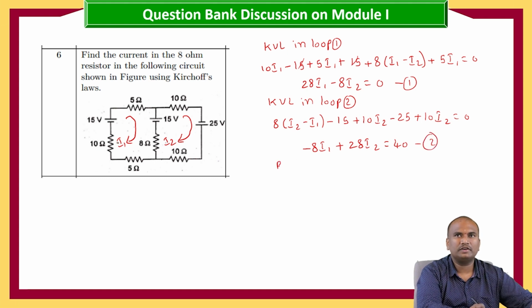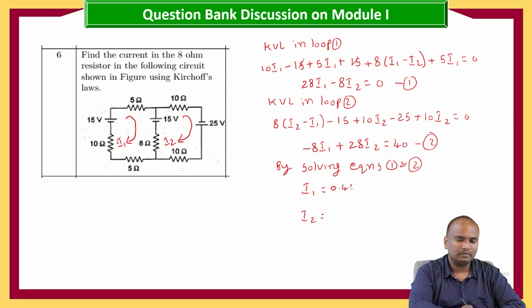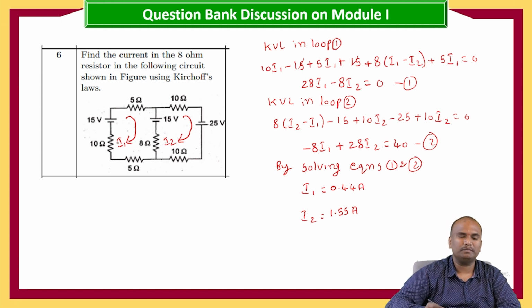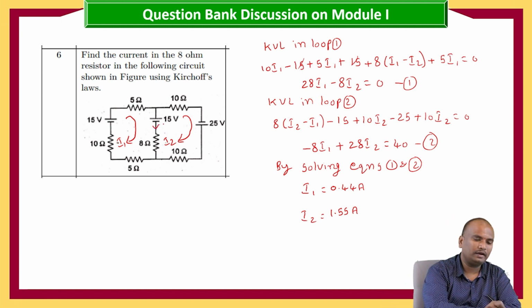By solving equations 1 and 2, we will get the I1 and I2 values. We got the currents as 0.44 amperes and 1.55 amperes. Now we need to calculate the current flowing through the 8 ohms.